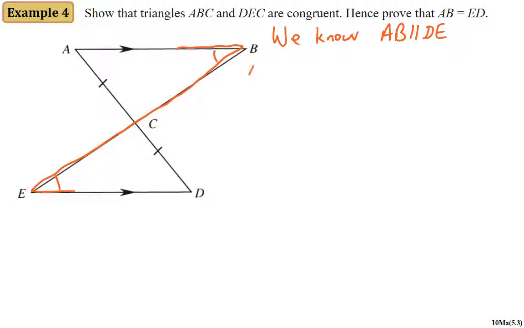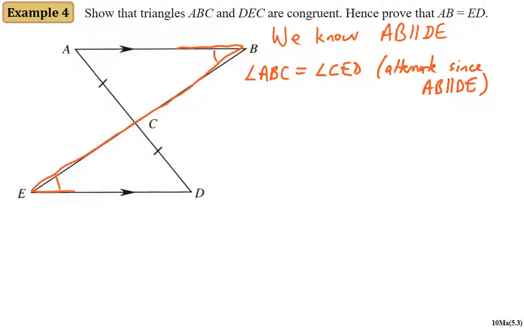that means angle ABC equals angle CED. They are alternate since AB is parallel to DE.